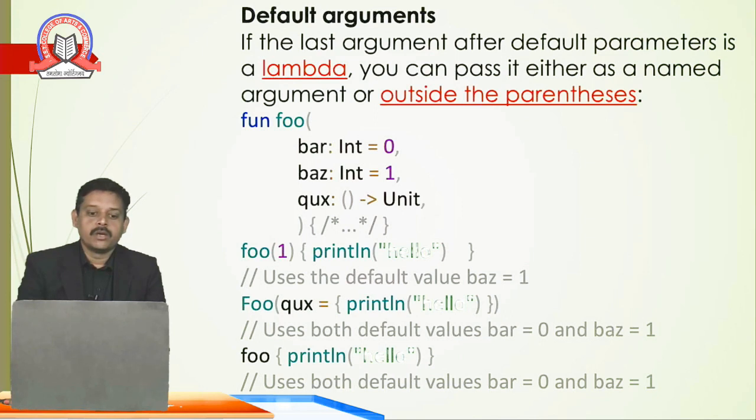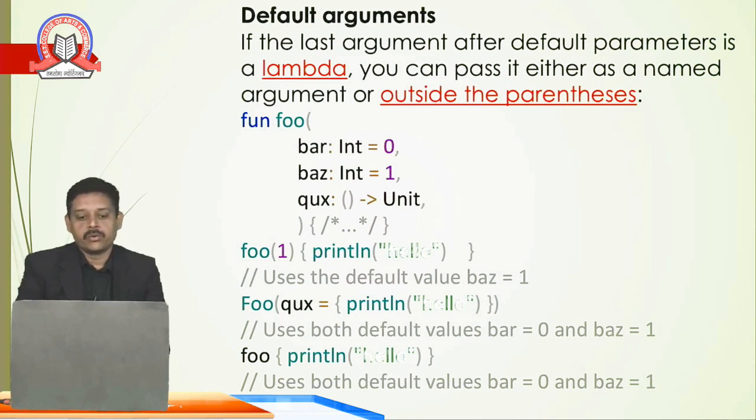Here we are using foo(1). So this one is given to the bar, and the other parameters will continue with the default values, that is 1 and the unit value.